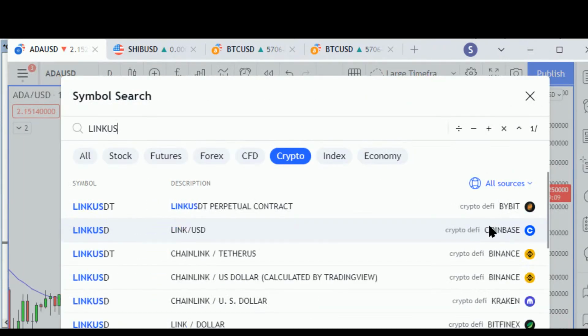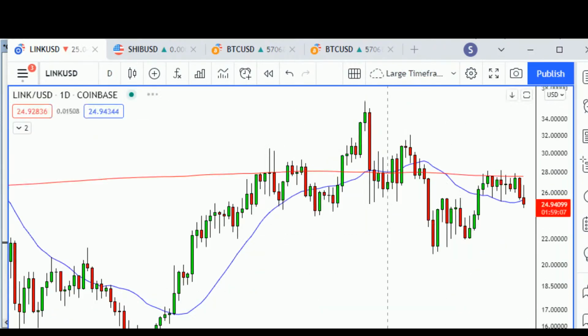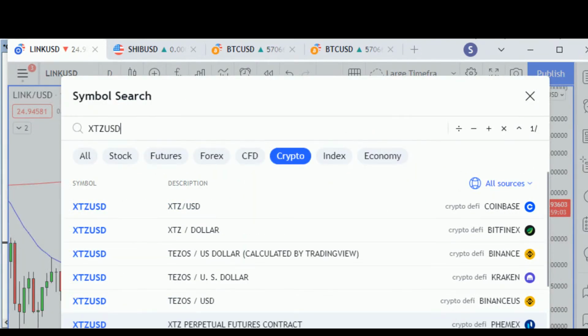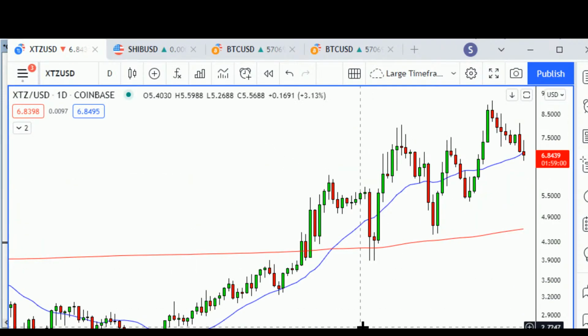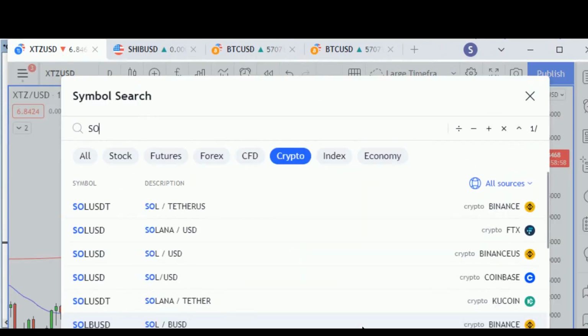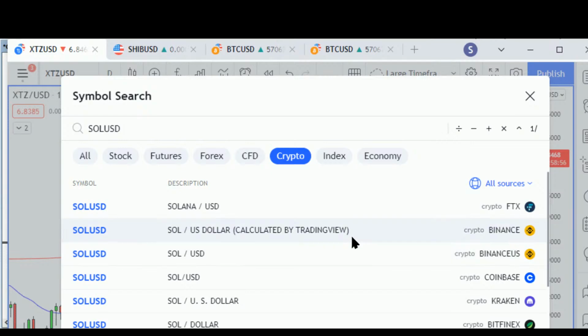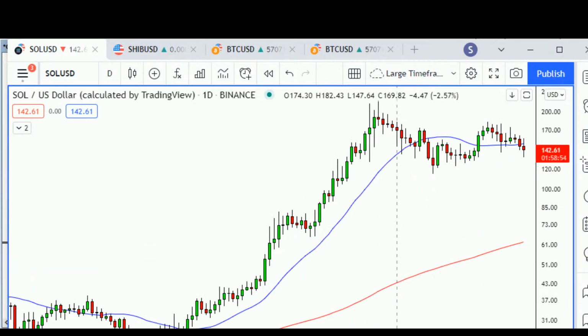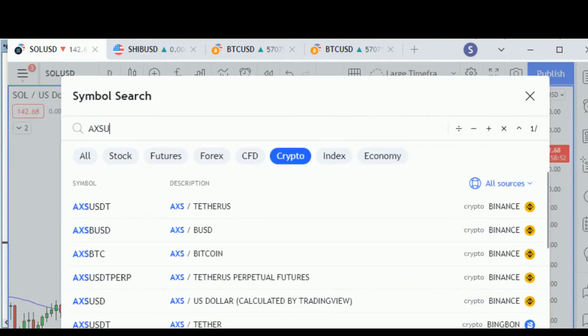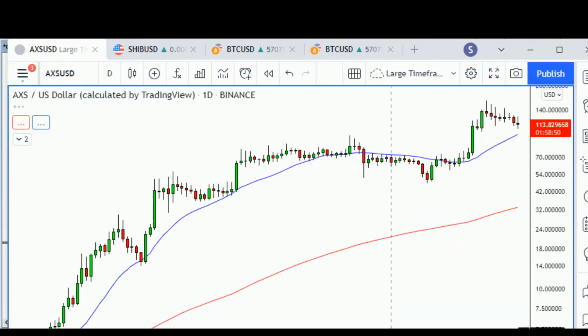And LINK-USD. Okay, they're failing. The altcoins are failing. Can you believe it? Those are some of the few that I have written down, but there's more. The altcoins are not doing too well.